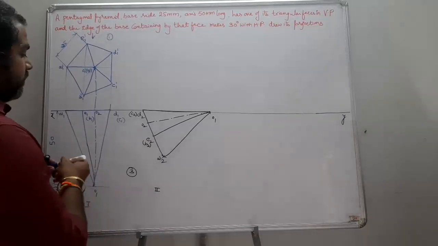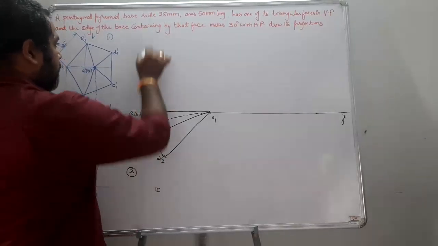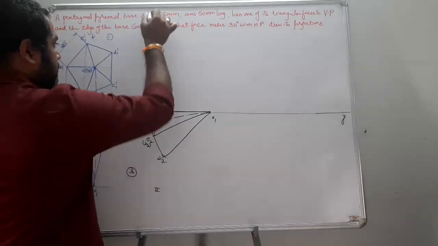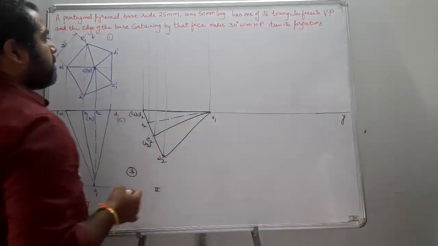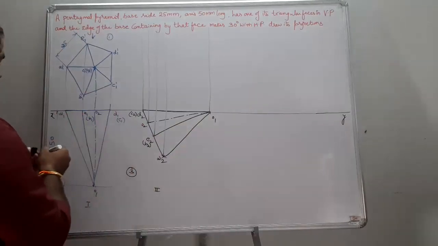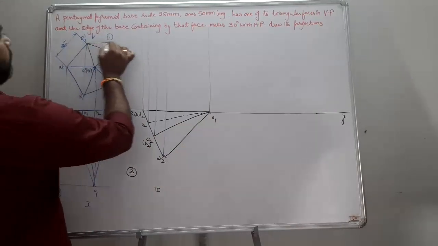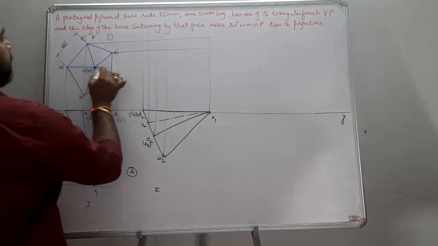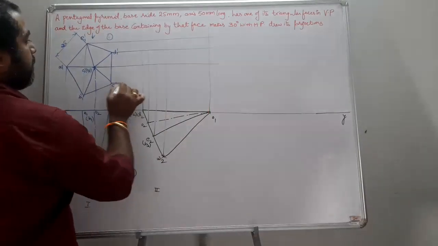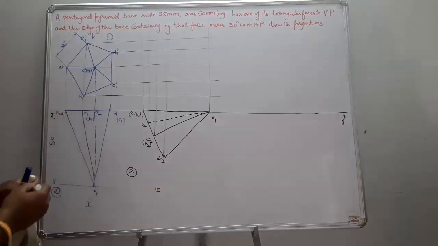Next, draw the vertical projectors from the top view and horizontals from the previous front view. Now mark the intersection points.